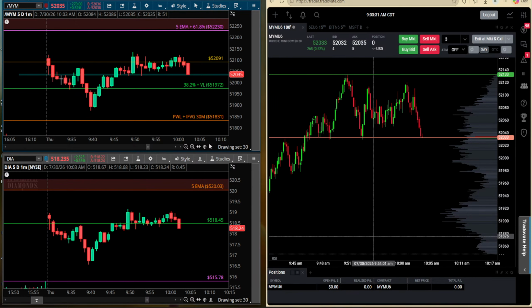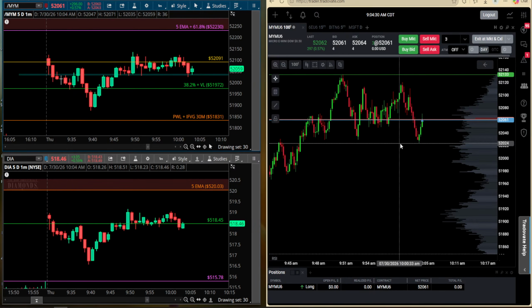So attempt to go long here. Yeah, this imbalance is acting really strong. Put a 3 lot. My stop would be around 52,020s. I take 3 lots only, very small lot size.